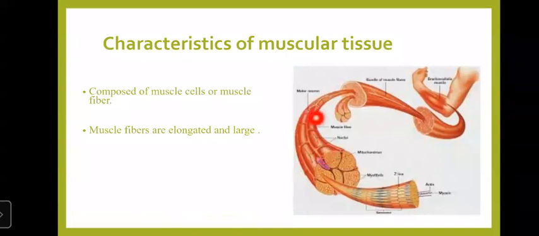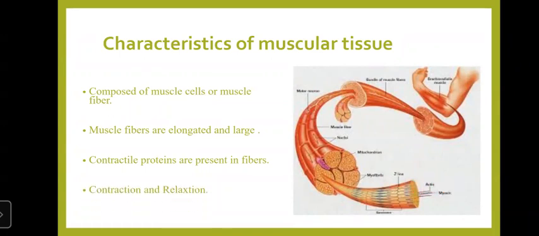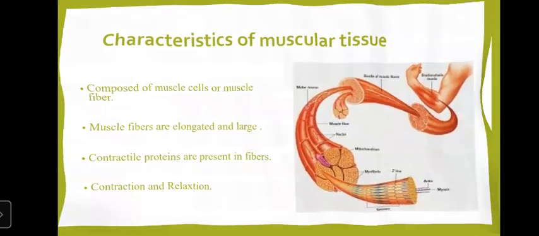It is an elongated and large fiber. It is made up of contractile proteins, which are called actin and myosin. The strands that you see on this muscle fiber are known as contractile proteins, namely actin and myosin. Contraction and relaxation.